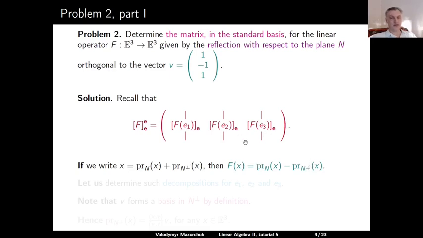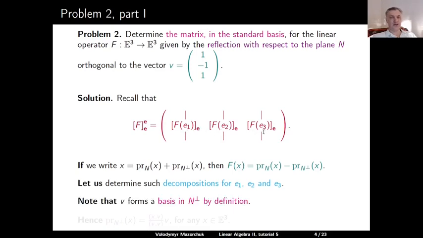So in order to solve the problem, we need to determine such decomposition for each standard basis element E1, E2, and E3. So we need the projection of E1, E2, and E3 both onto n and onto the orthogonal complement of n. And by the definition, the orthogonal complement of n is spanned by the element v, and v is a non-zero vector. So v forms a basis in an orthogonal complement.